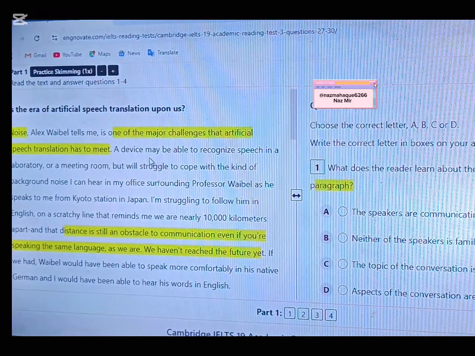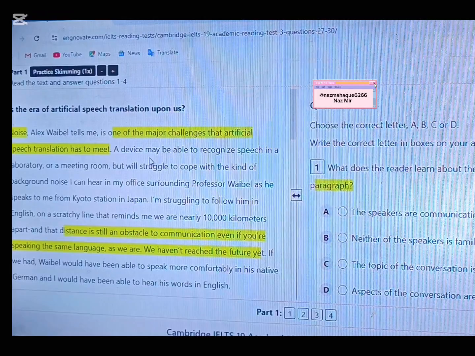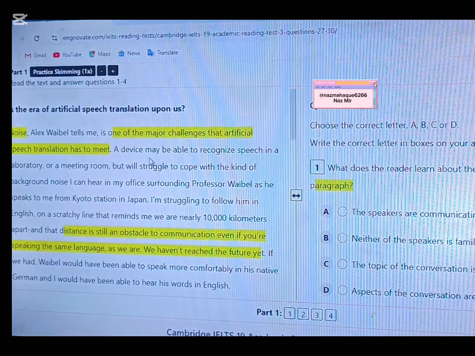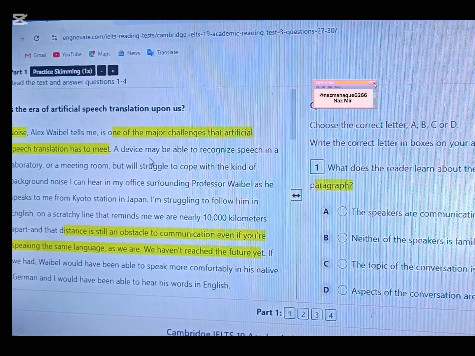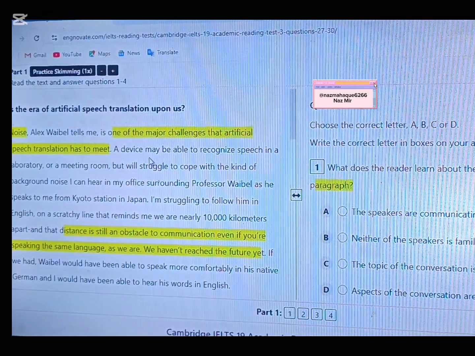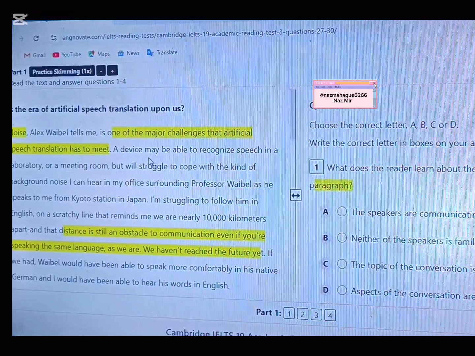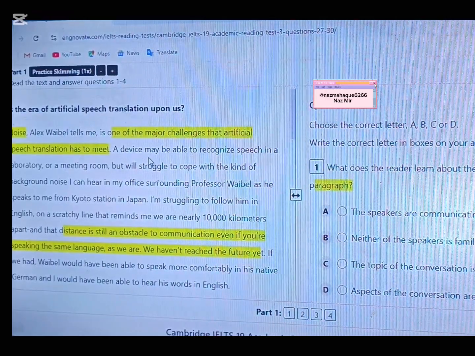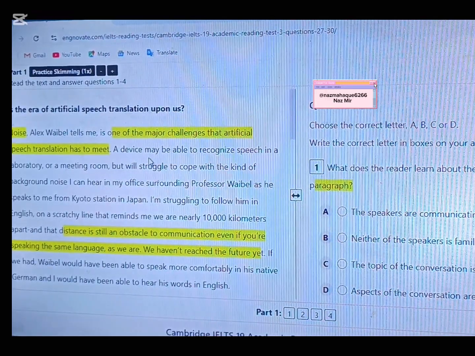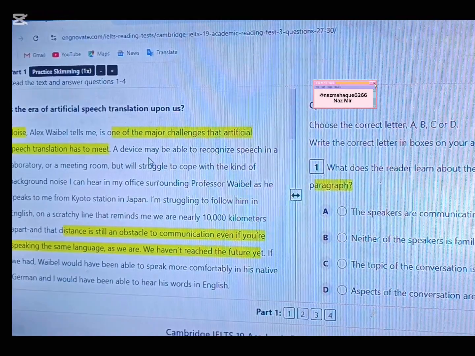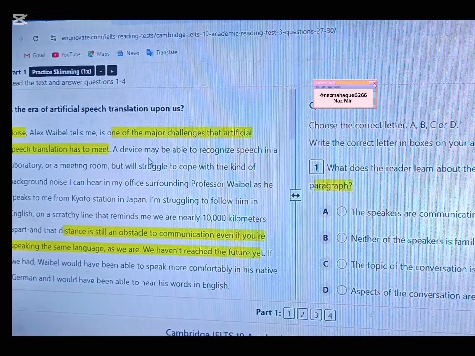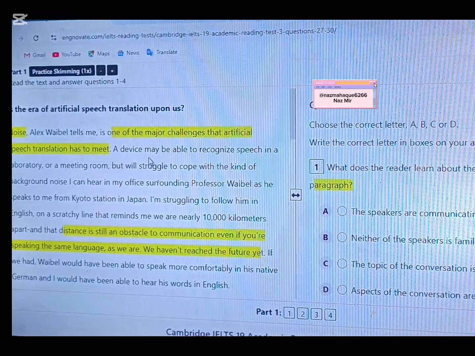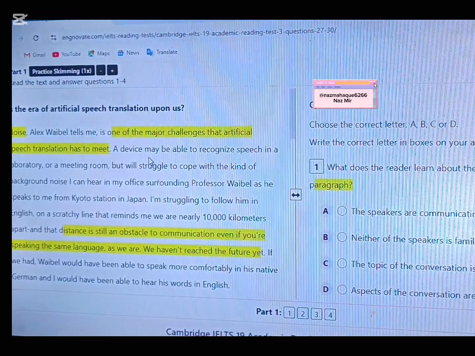So they talked about noise and the problems that can happen in the future, and also they told that distance is still an obstacle to communication even if you are speaking the same language. So I have highlighted the sentences or words that I think might be helpful for me to locate my answer. You have to also do that to locate your answers more easily. It will really help you.